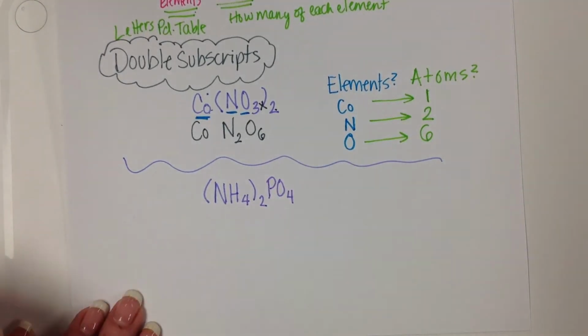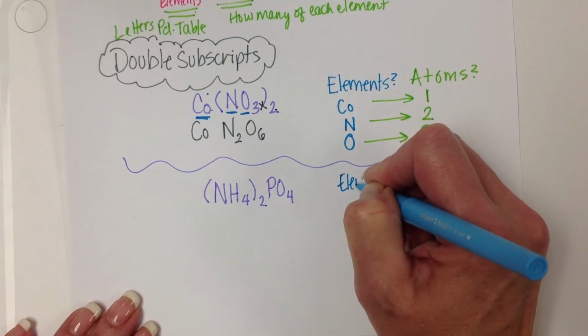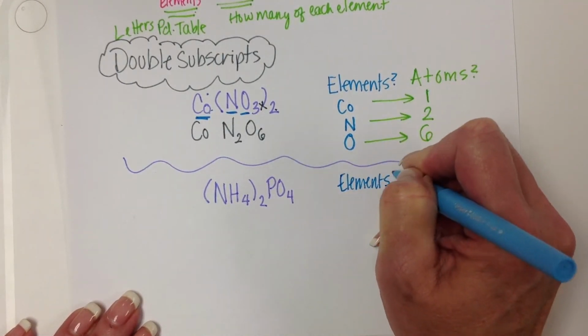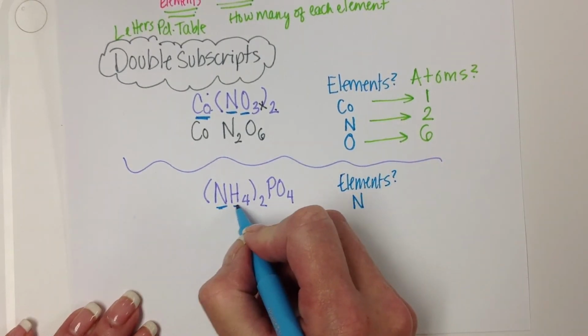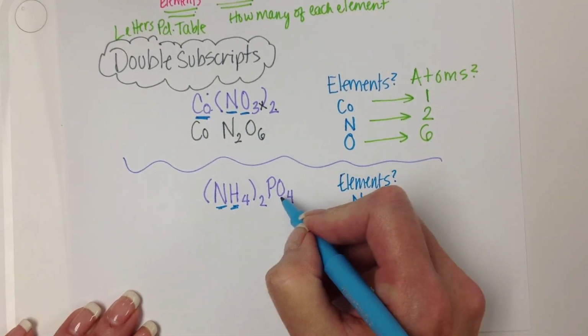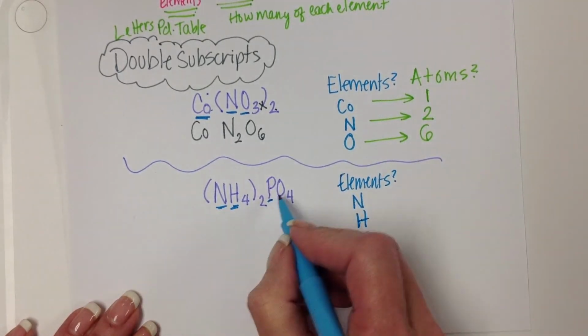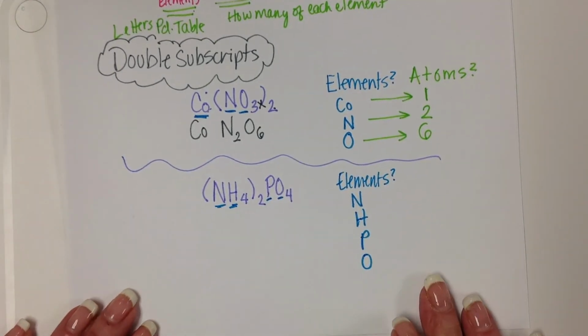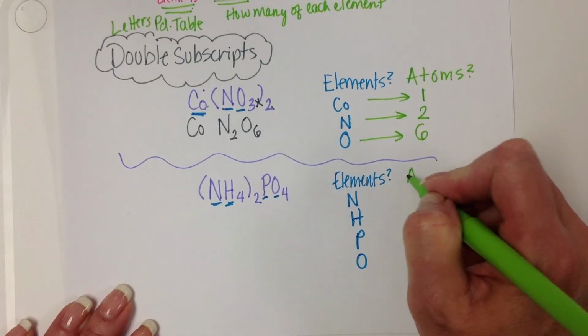Okay, so we're going to go through once again, and let's start with listing our elements. Okay, N, H, P, O. They're all capital letters, so there are 4 capital letters. They're all elements.